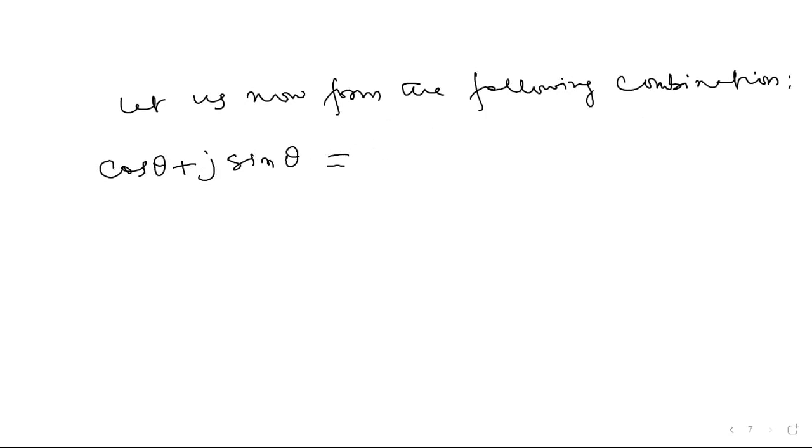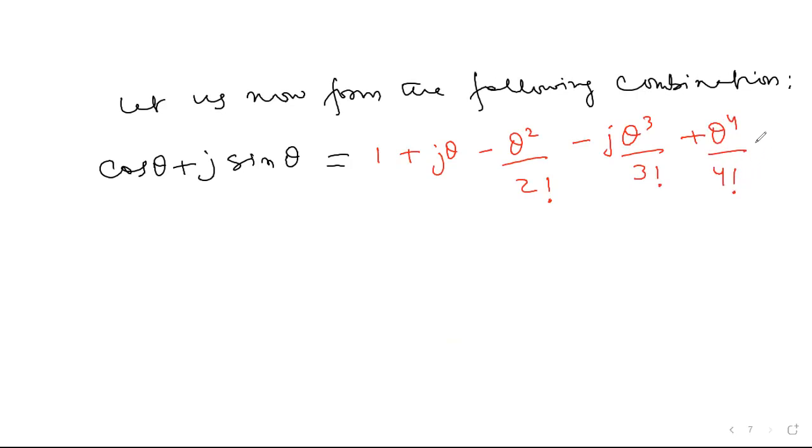When you do that, it is 1 plus j theta minus theta square by 2 factorial minus j theta cube by 3 factorial plus theta to the 4 by 4 factorial plus so on. Let me name it equation 3.